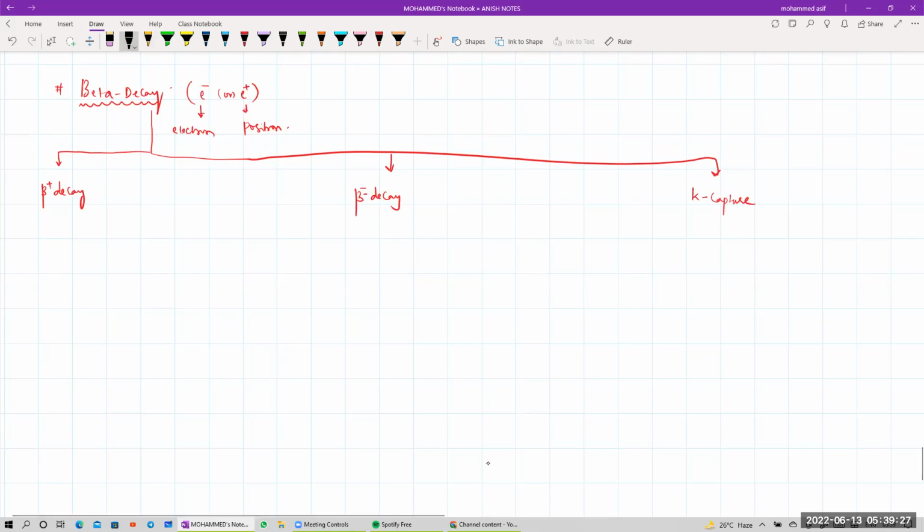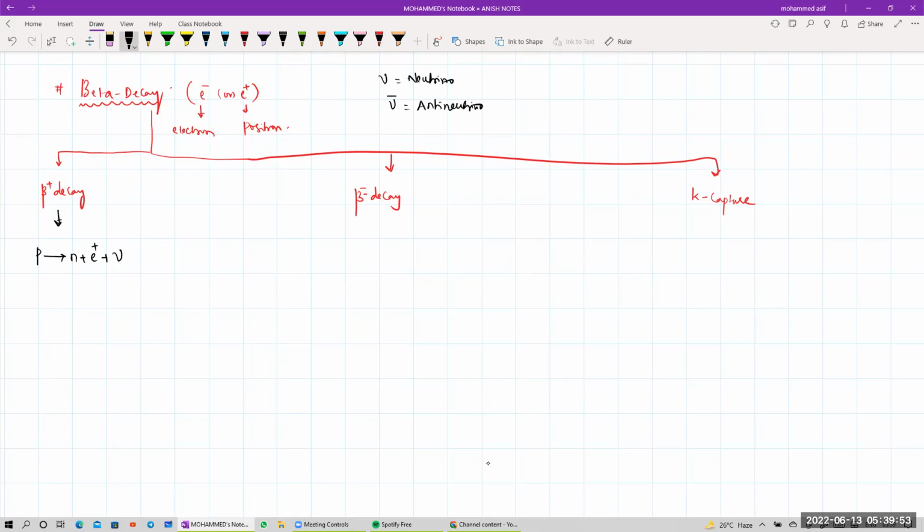Beta plus decay: a proton is disintegrating into a neutron with emission of a positron plus a neutrino. Nu is the symbol for neutrino. If it is nu bar, that is called an anti-neutrino.